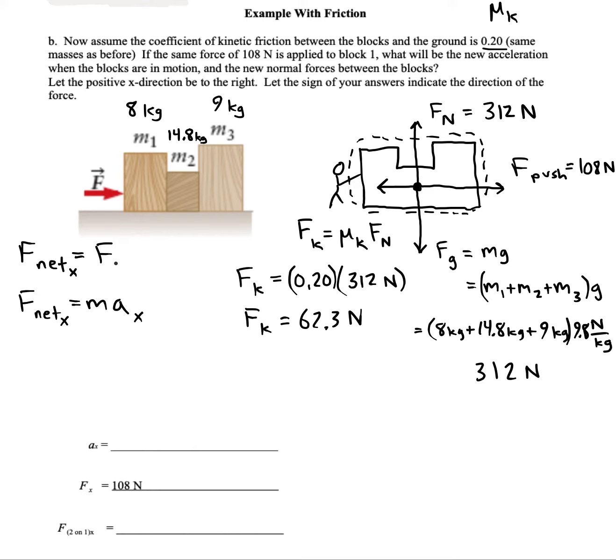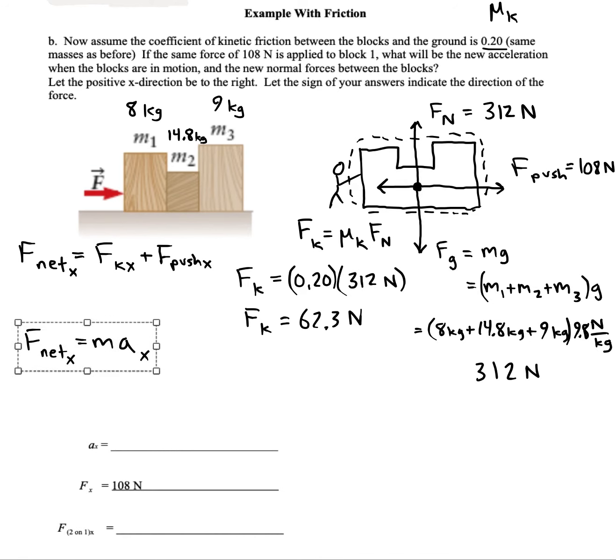So we'll have Fk plus F push. Now, why do I put x's on them? Because x lets me keep track of the signs, and the signs are important here. If I don't have x's on there, I shouldn't include signs, technically, because they would be magnitudes.